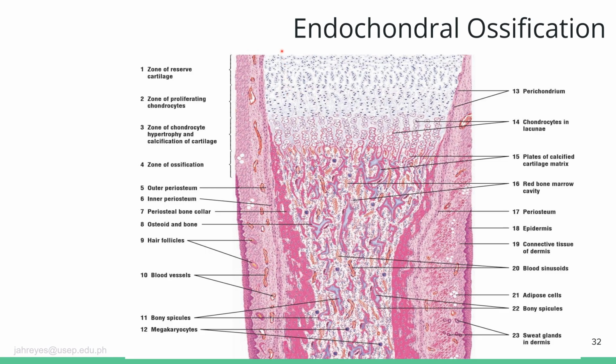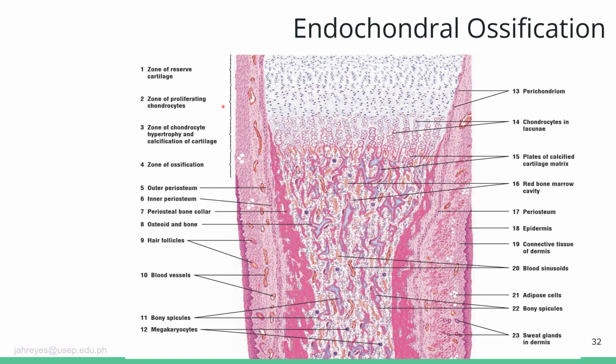So in this zone, the cartilage cells will undergo division and will organize themselves into different columns. And these cells are observed to be larger than those in the reserve zone, and they actively produce collagen, mainly type 2 and type 11, but mainly type 2.